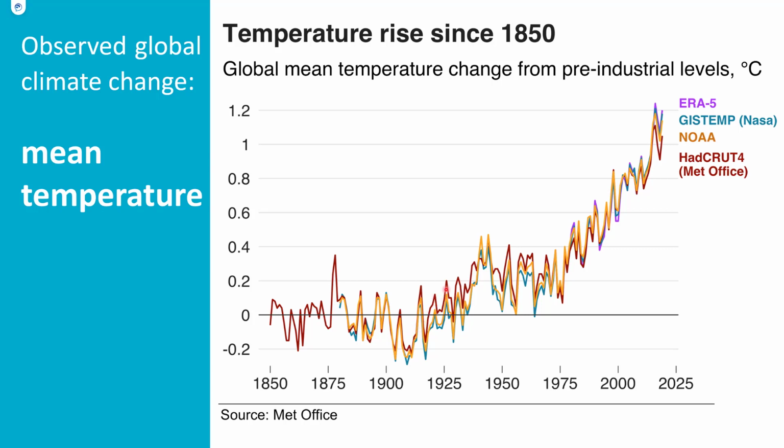And you can see that there are differences in individual years. Here's a year where the Met Office's data says it's hotter than the NOAA data. But when you take a step back and look at the overall pattern, they're all telling the same story. There's minor differences, but really the story is very clear. The planet's temperature has been increasing, and that has really ramped up since the middle of the 20th century.